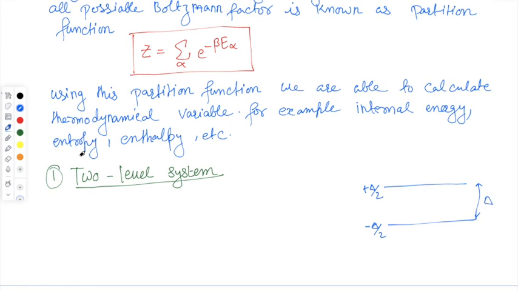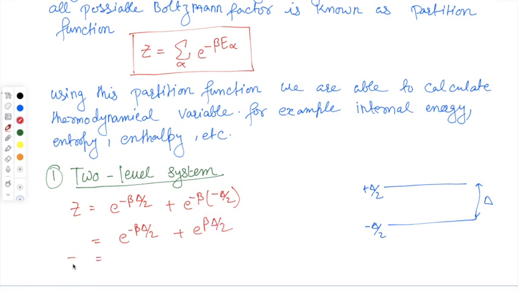Now, for this kind of system, we can simply write down the partition function as Z equals e to the power minus beta times minus delta by 2, plus e to the power minus beta times delta by 2, which is e to the power beta delta by 2 plus e to the power minus beta delta by 2.